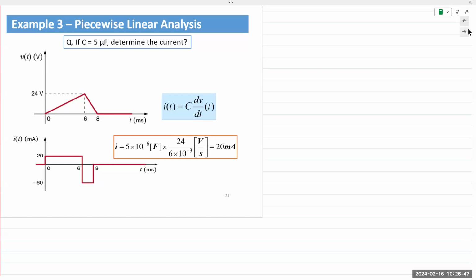Understand that when you apply a DC voltage or current to a capacitor or inductor, we know it's constant with respect to time. So we already know that at the end of the application, at some point in time, it will reach that value.